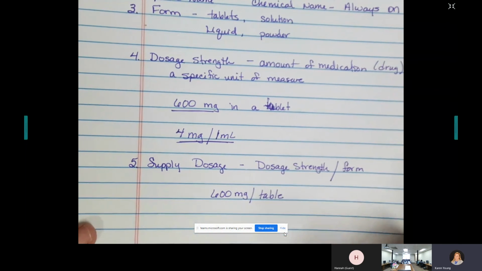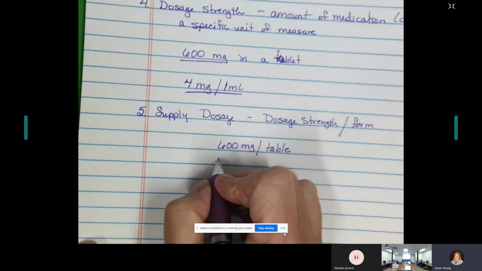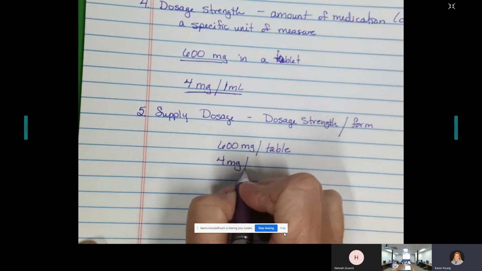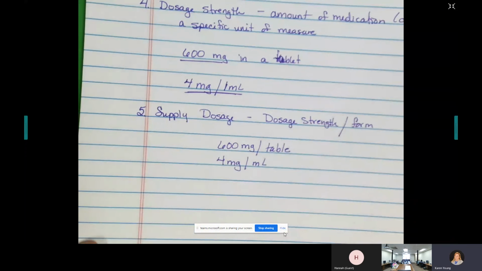And the 4 milligrams in 1 milliliter is already written as a supply dosage, so it would just be 4 milligrams per milliliter. Okay, so sometimes your dosage strength and your supply dosage is the same, the way it's written.